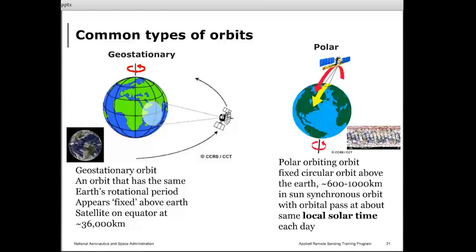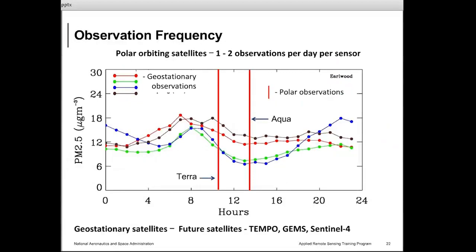So polar orbiting satellites make almost daily, depending on other factors, global measurements at the same local solar time. This provides a consistent long-term data series, which we can use for applications such as trend analysis and understanding other features of the atmosphere.